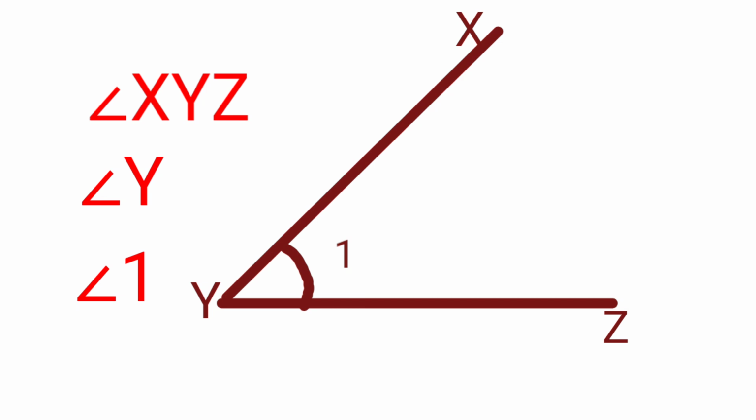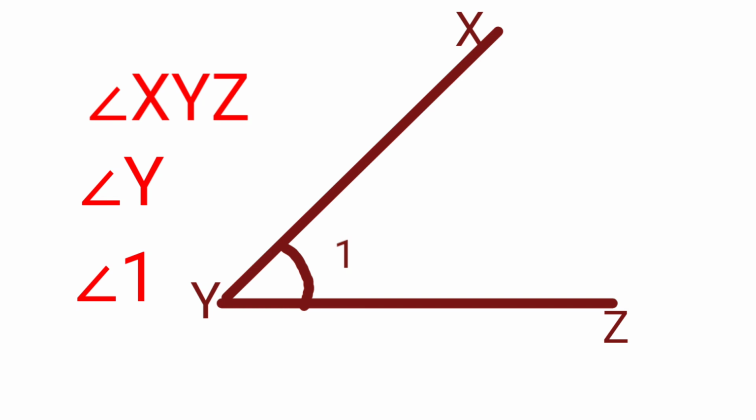So, this particular angle can be read as angle XYZ or angle Y or angle 1. Okay, so that's all about naming an angle.